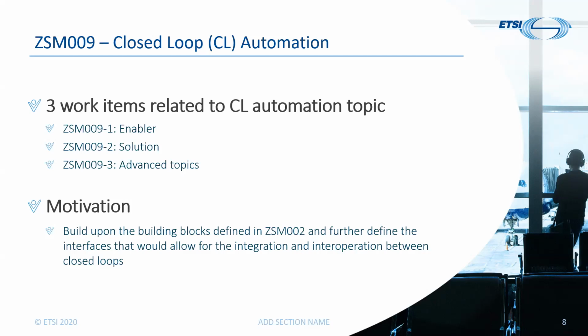ZSM 009-2 is the closed loop solution. It describes the end-to-end solution of a closed loop automation based on the selected scenarios captured in ZSM 001.